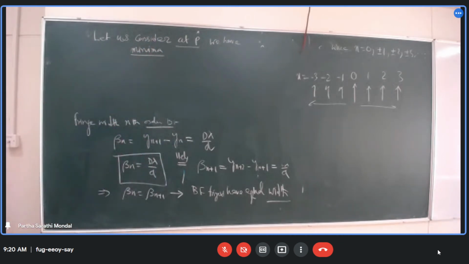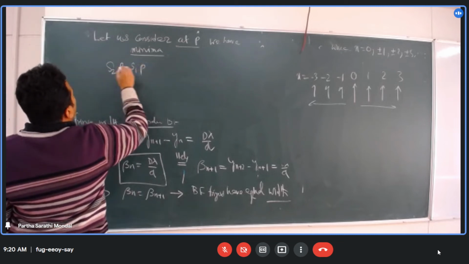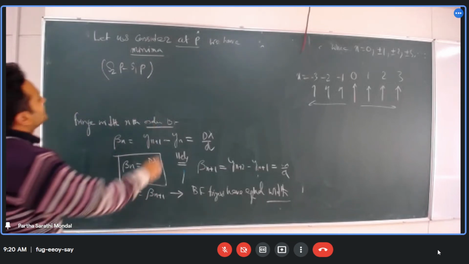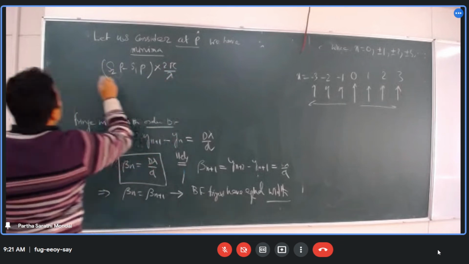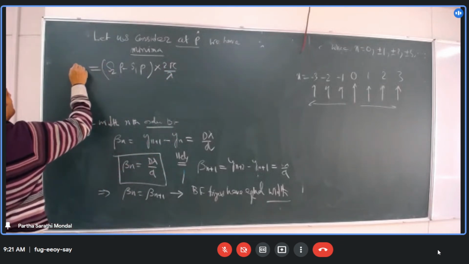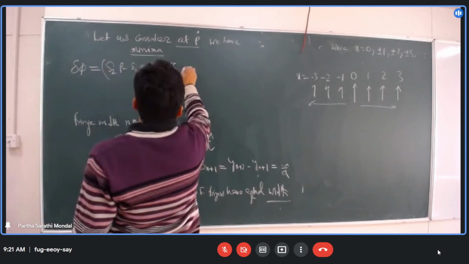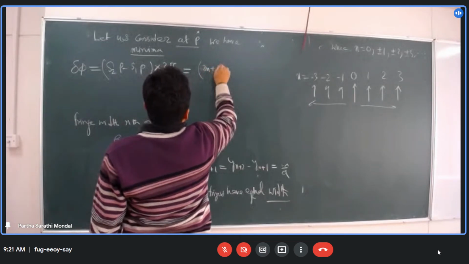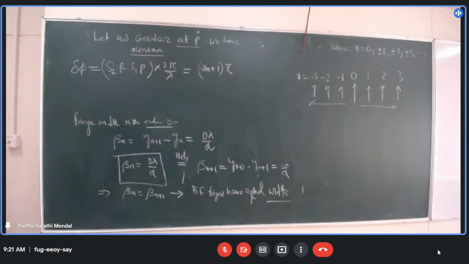So that means S2P minus S1P is your path difference. We multiply this by 2π/λ, so this will give you the phase difference, and it will be equal to (2n+1)π. This is the condition for minima, an odd multiple of π.